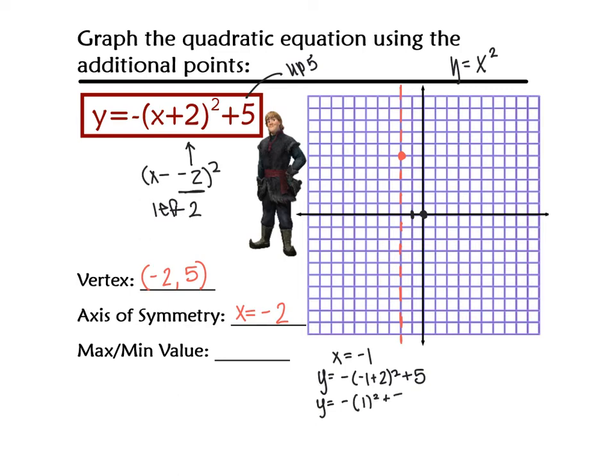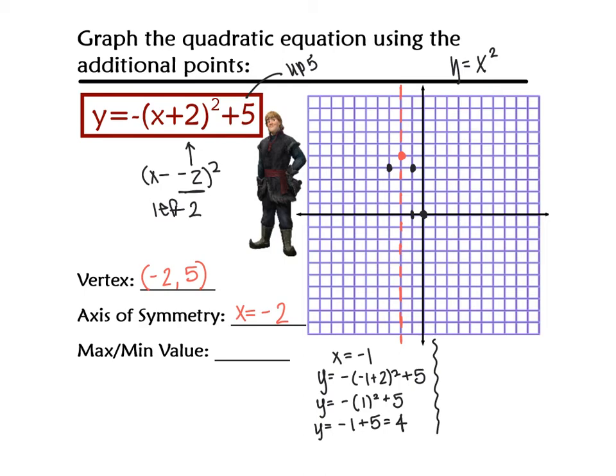Just make sure you type in your parentheses and everything exactly like you see them. And I'm getting 4. So this point is going to be negative 1, 4. I want to mirror it on the other side, so it's 1 away from the axis of symmetry, so it'll be 1 away on the other side.